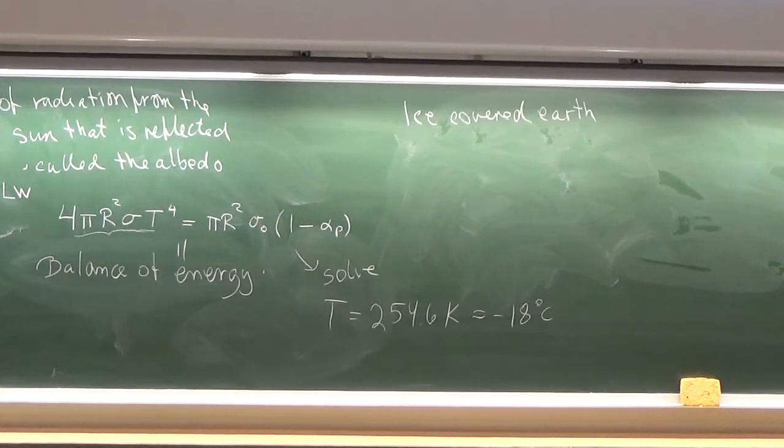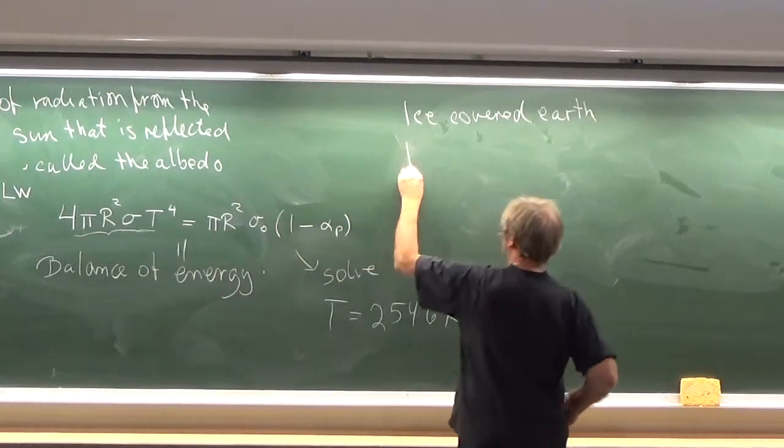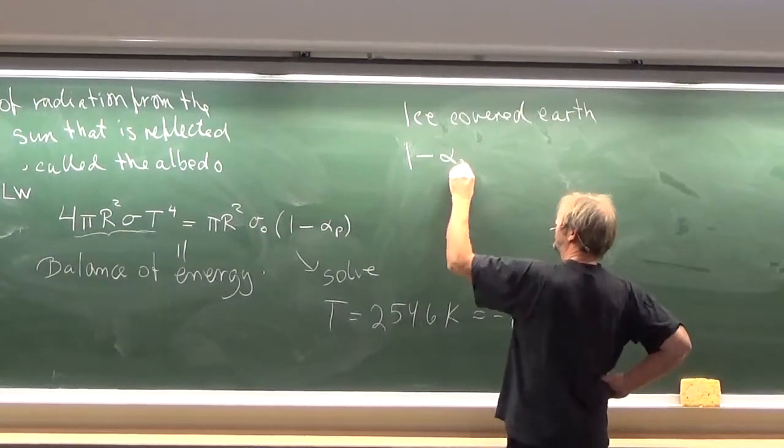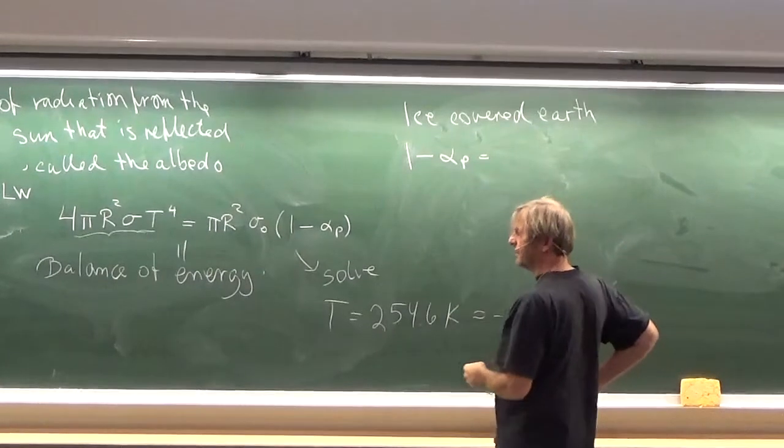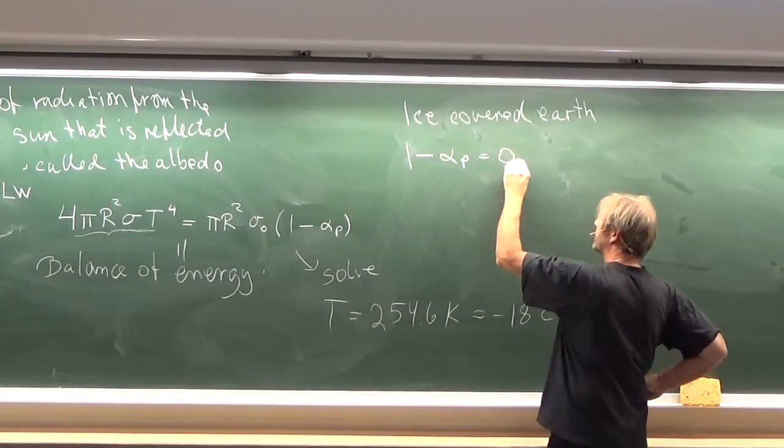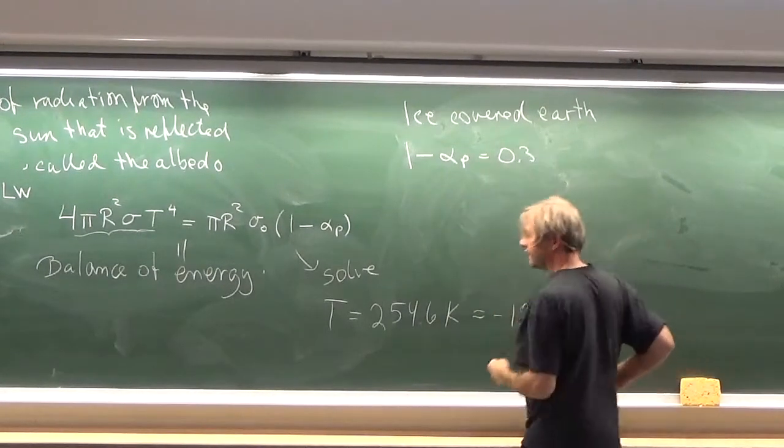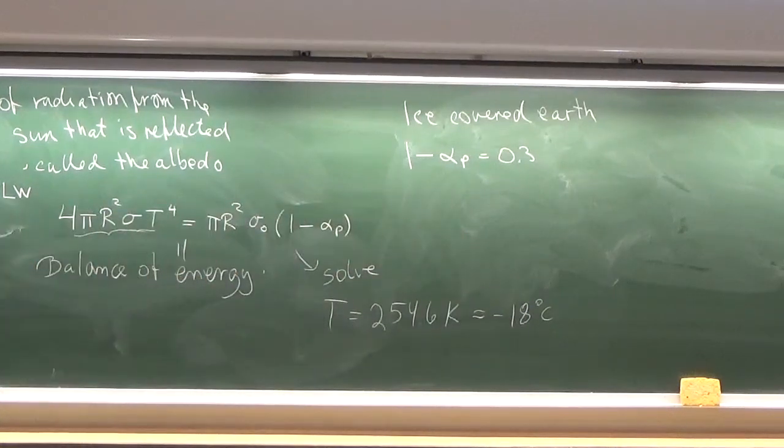So, what time is it? Yeah. So if you have an ice-covered Earth, then this 1 minus alpha P would be, was it 0.30? I've written it down. 0.38, I think.